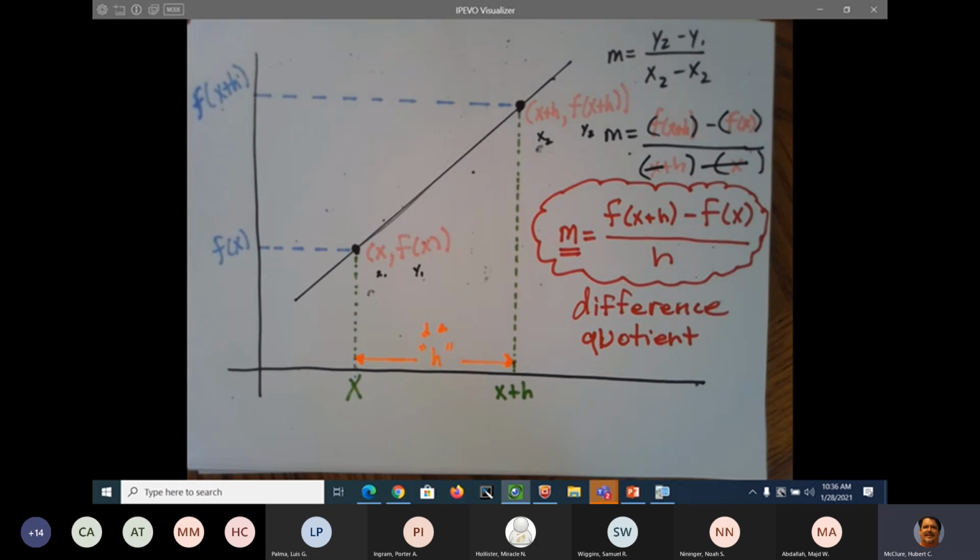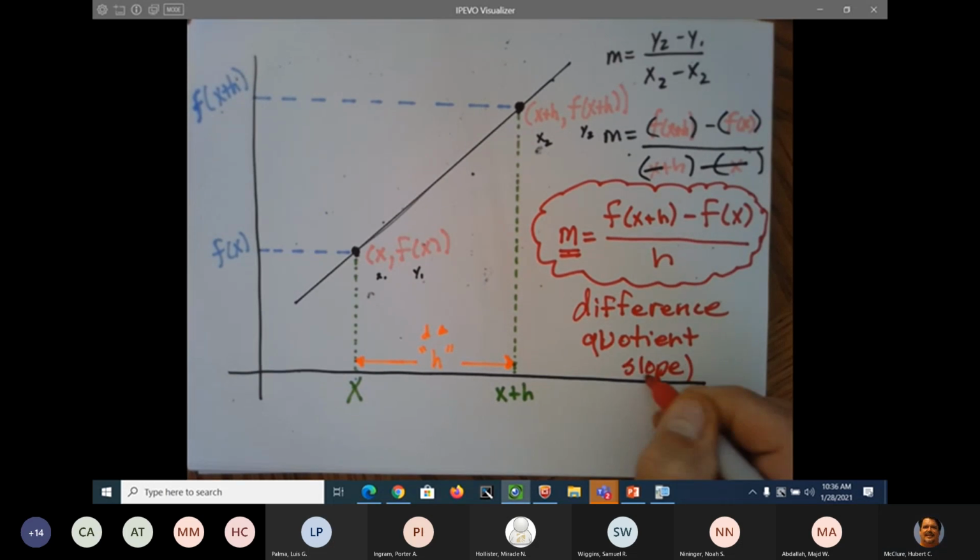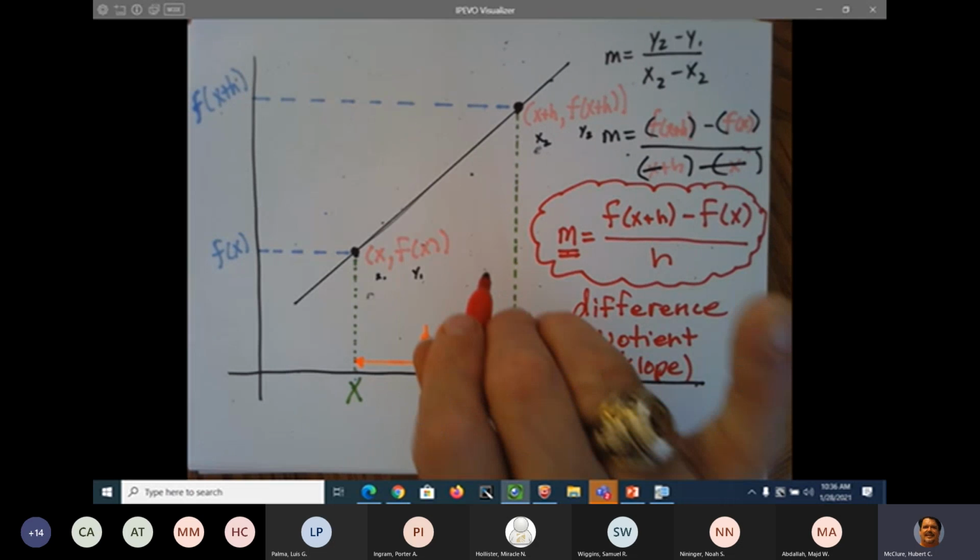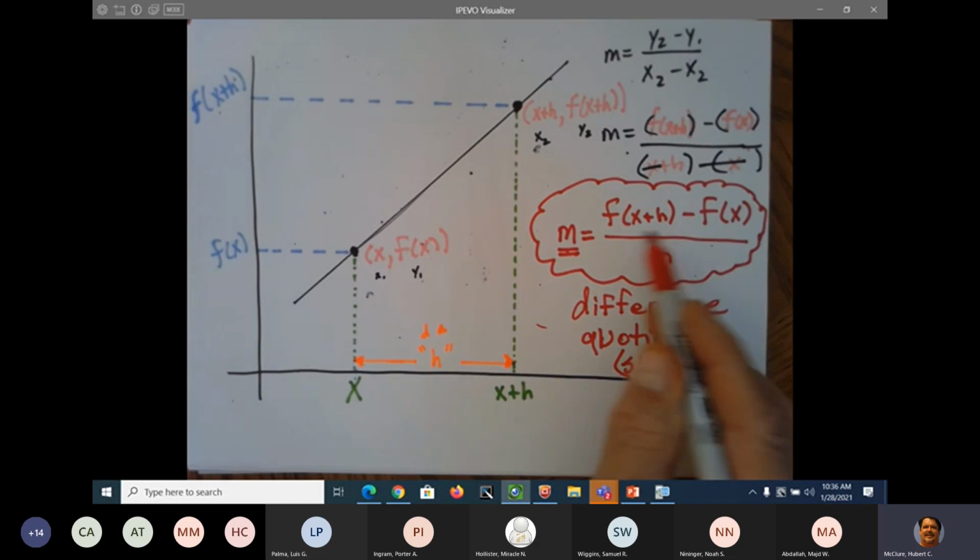I underlined it for y'all to say it. Slope. M. Difference quotient is nothing but the slope. Hold your pinky up, because you're basically telling me it's a slope.